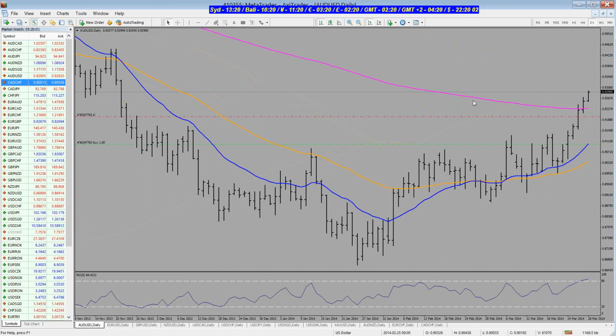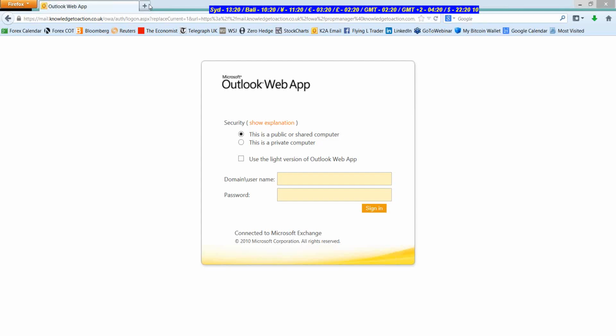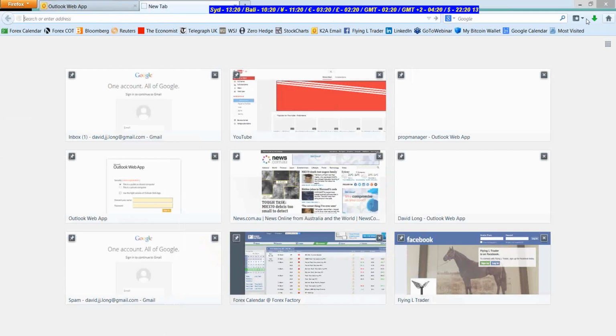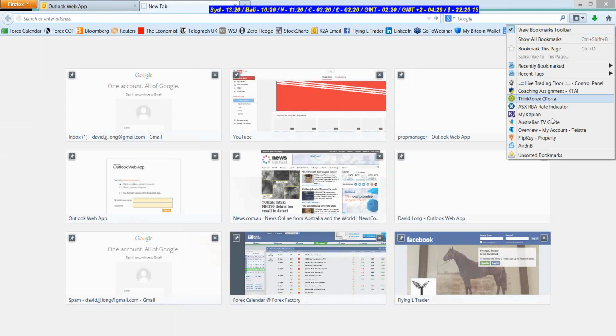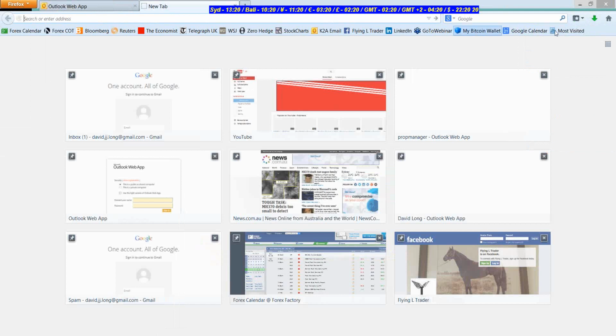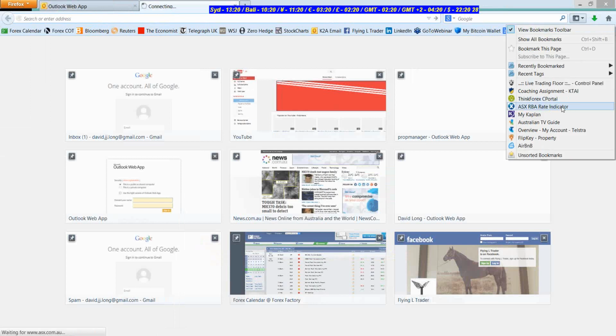What's the probability on interest rates for Tuesday, and where do we find this information online? You find it at this website. Where is it? Rate indicator. There we go.